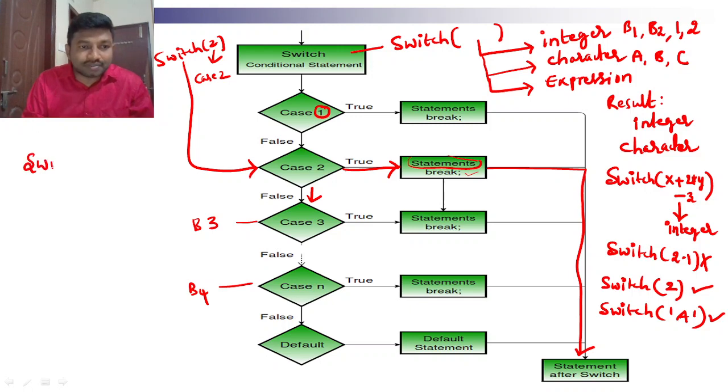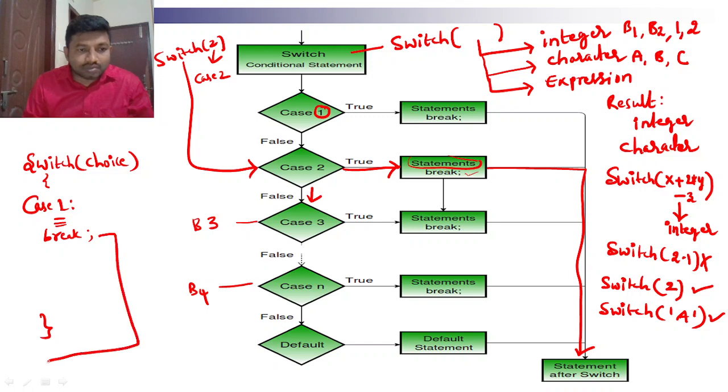So let me write switch. Let it be choice of the user, a variable. I can write case 1: if choice is 1, do something and break it. Break it means the control comes directly outside the switch. Fine. If it is case 2, execute something, break it. So on, you can write n cases.